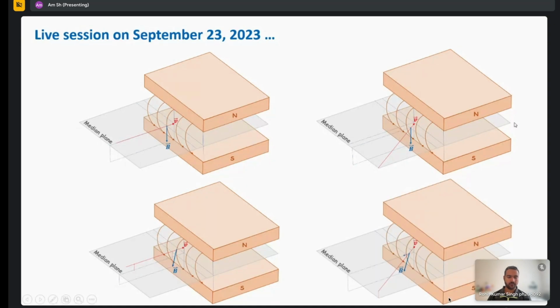Now suppose the particle is displaced vertically up from this plane. Here again there will be a horizontal component of the magnetic field, and there will be a vertical component also. But now the horizontal component of the magnetic field will be perpendicular to the magnetic edges, while the particle is coming at some angle with this.